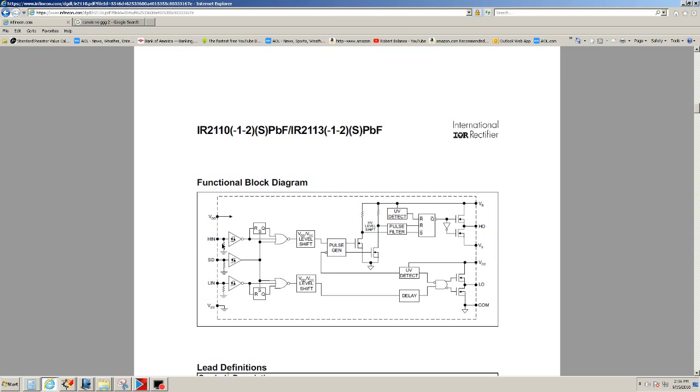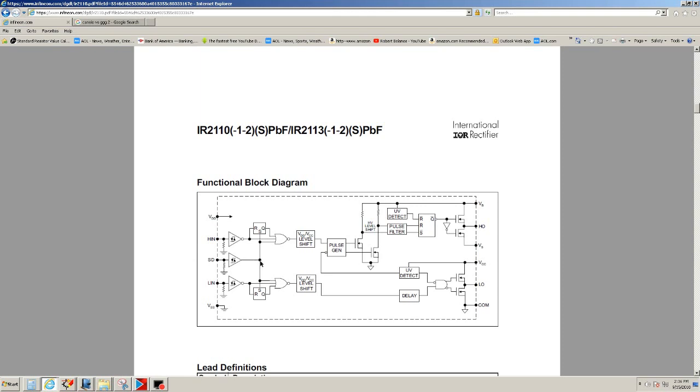You have two inputs. This input is to drive the top, and you have an input at the bottom to drive the bottom. So typically these two pins would be tied together.